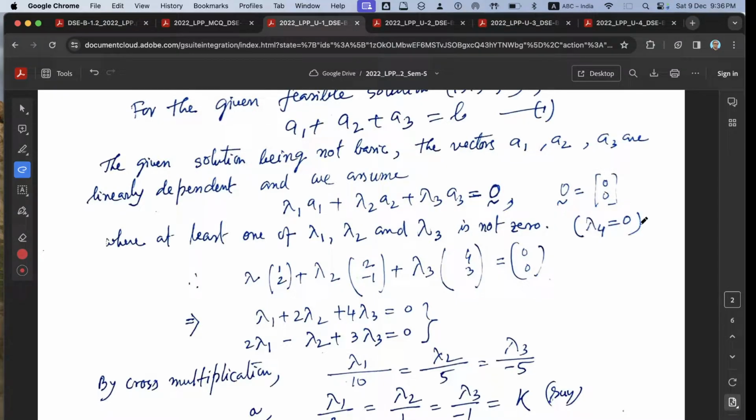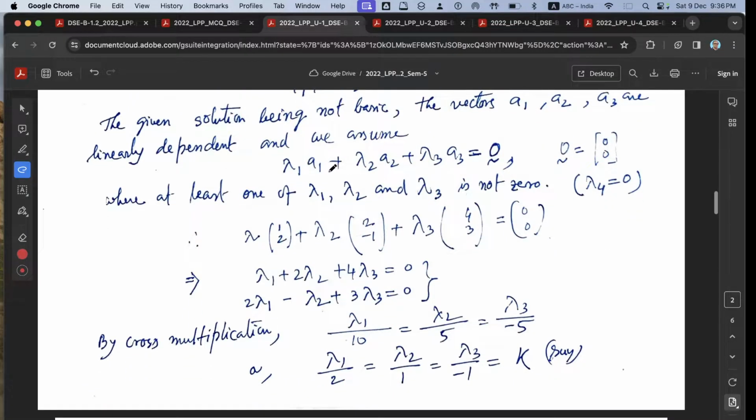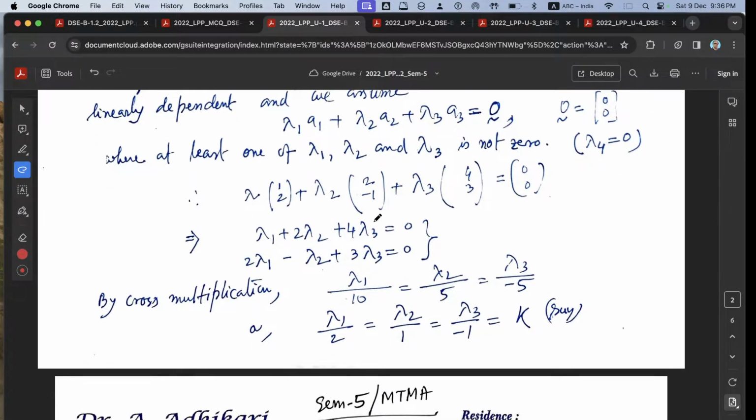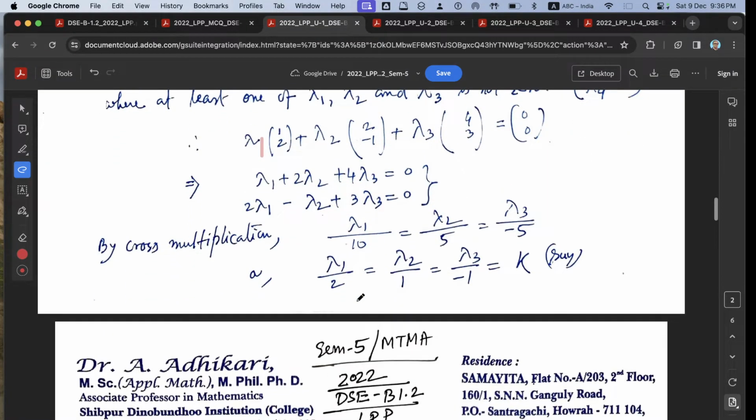and here lambda 4 is 0. So lambda 1 (1, 2) plus lambda 2 (2, 1) plus lambda 3 (4, 3) equal to (0, 0), and we get two equations: lambda 1 plus 2 lambda 2 plus 4 lambda 3 equal to 0, and 2 lambda 1 minus lambda 2 plus 3 lambda 3 equal to 0.